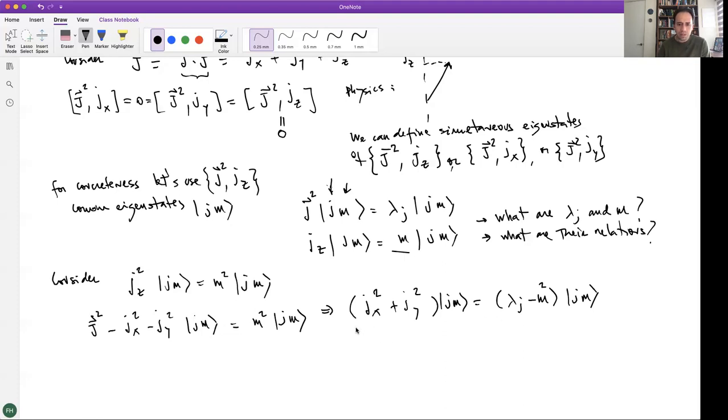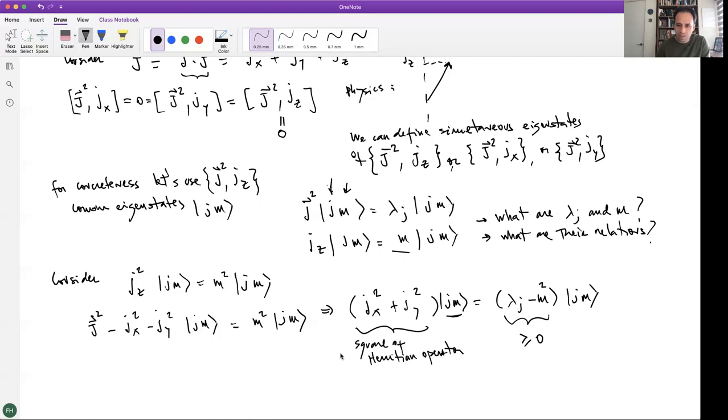Because this operator is a square of a Hermitian operator, and the norm of these states is unity, then we must have that this thing has to be positive. That's the first thing we learn.